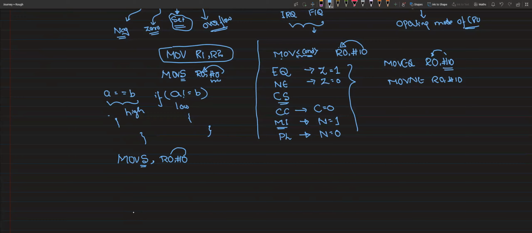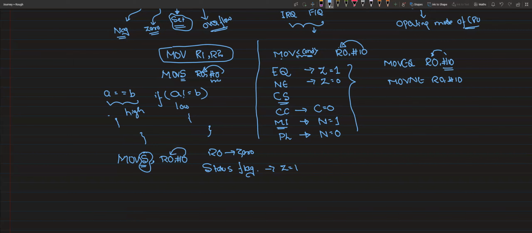Correct, R0 will become 0. But one more thing will happen when we add S. The status flag also will be updated, right? The Z flag will become 1.